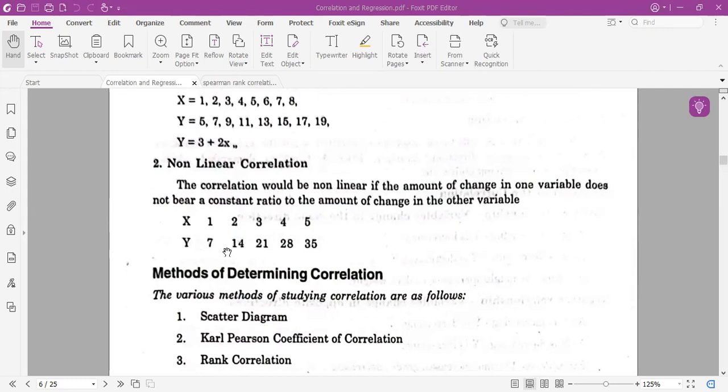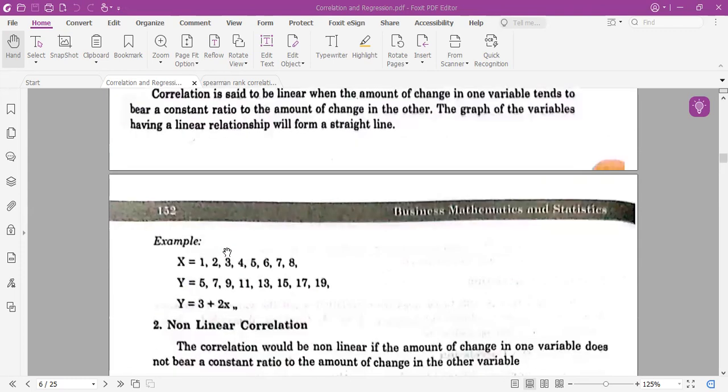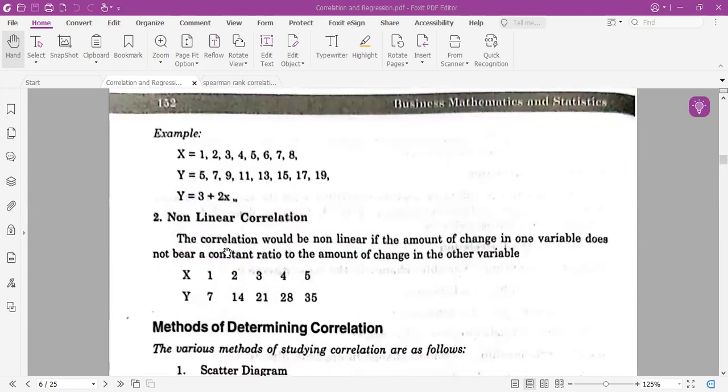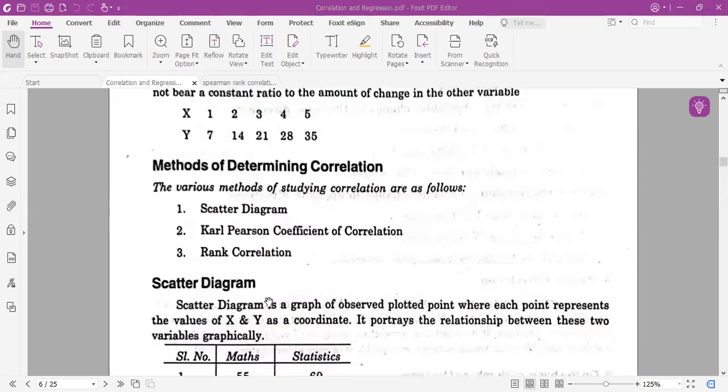I think there's a mistake here; this is also a linear correlation. Suppose instead of 14 you have 13, so 7, 13, 21, 28. Then the proportionate increase of x and y will not be proper. So then we can call it a non-linear correlation.